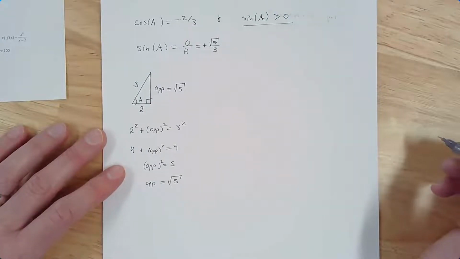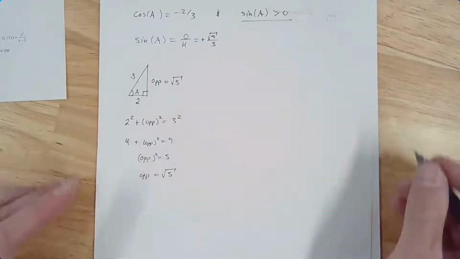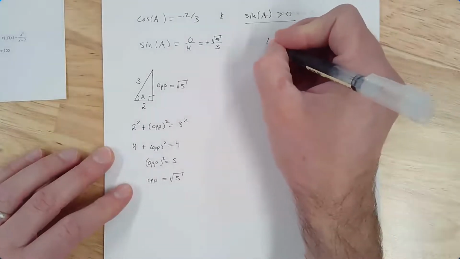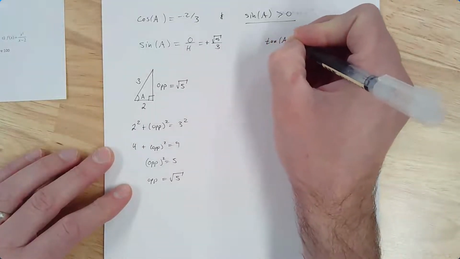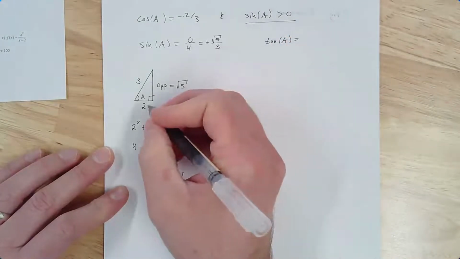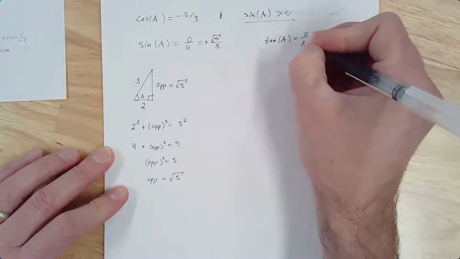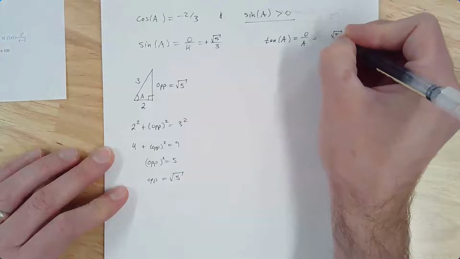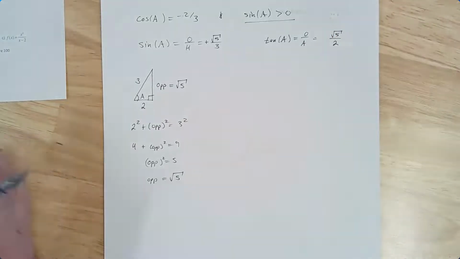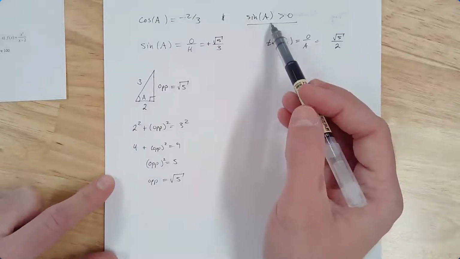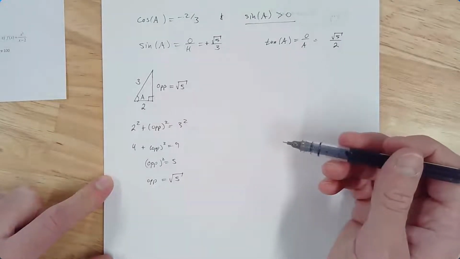On the other hand, I'm going to add in the question: if I have to find tangent of A, it would be opposite over adjacent, which would be the square root of 5 over 2. But should it be positive or negative? Well, what quadrant do we know the angle A has to be in if sine is positive and cosine is negative?